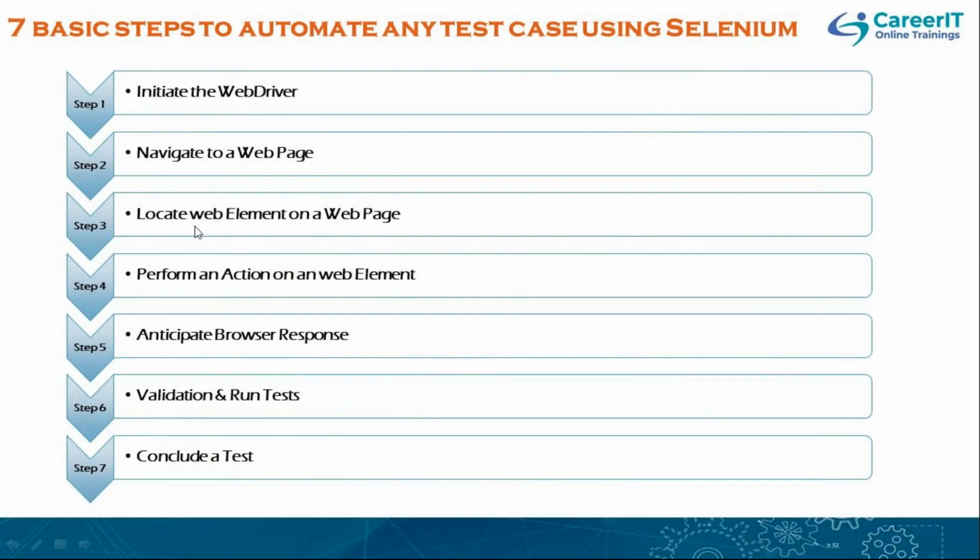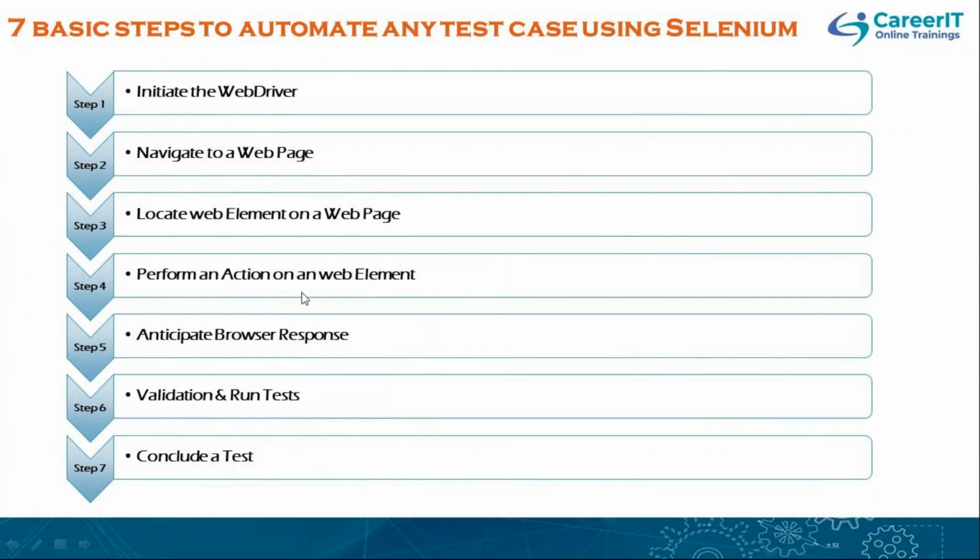Third, you locate the elements you are going to interact with, that is the buttons, text boxes, radio buttons and so on. Fourth, you perform actions like entering text into a text box or selecting an option from a drop down. Fifth, you anticipate the browser response.